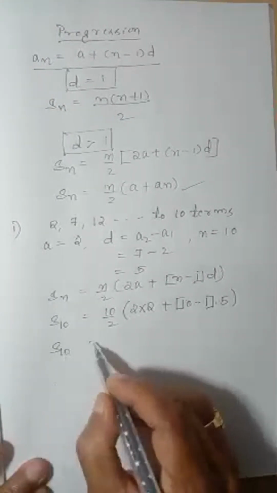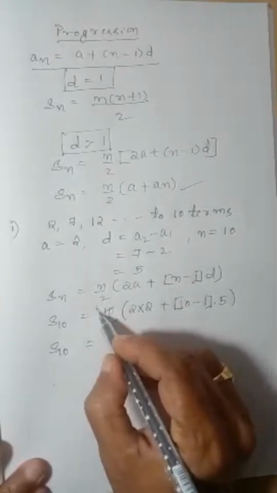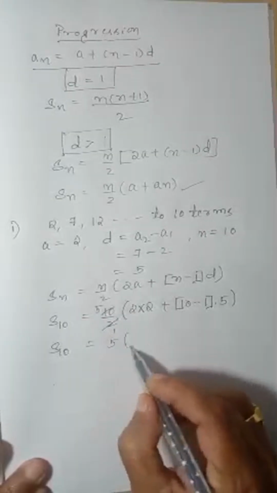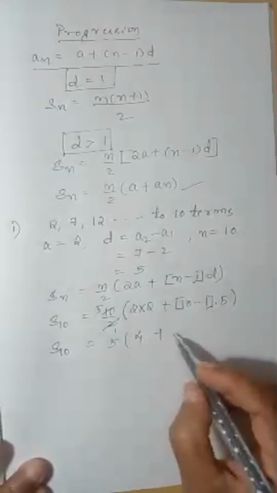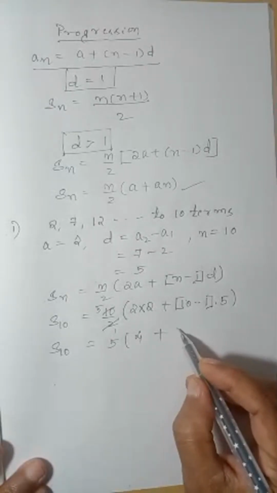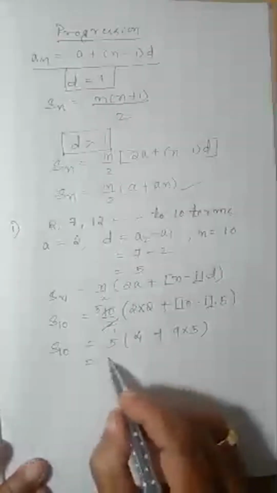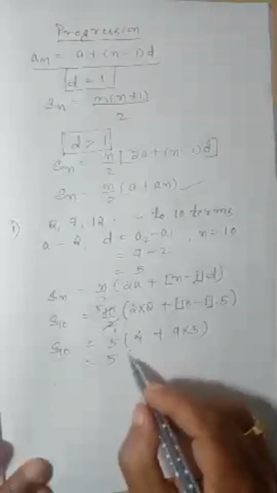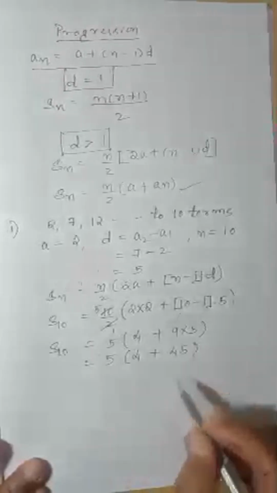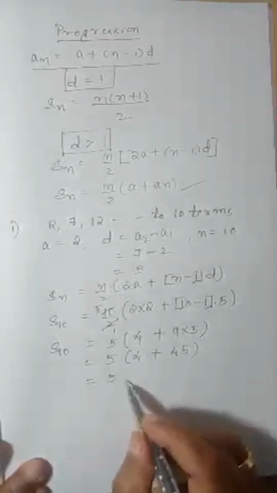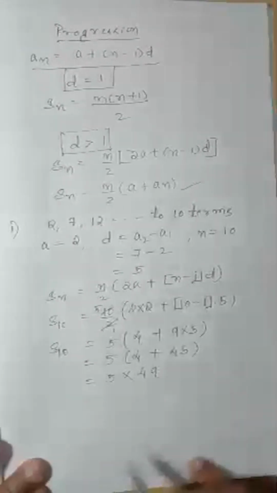S_10 is equal to, outside the bracket you may reduce 10 by 2: 2 ones are 2, 2 fives are 10, that is 5 times the bracket. 2 twos are 4 plus 10 minus 1, 9, into 5. Here 5 into, simply inside the bracket, 4 plus 9 fives are 45. Add 4 to the 45, that becomes 49.